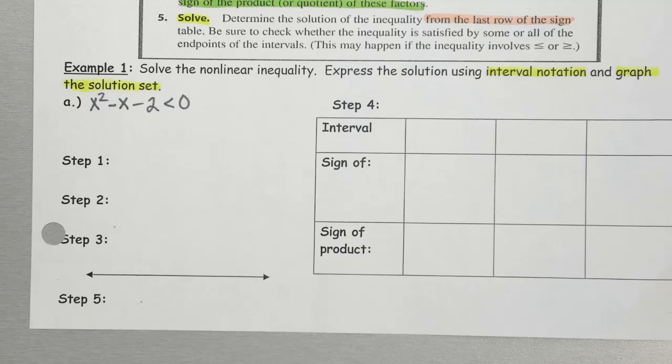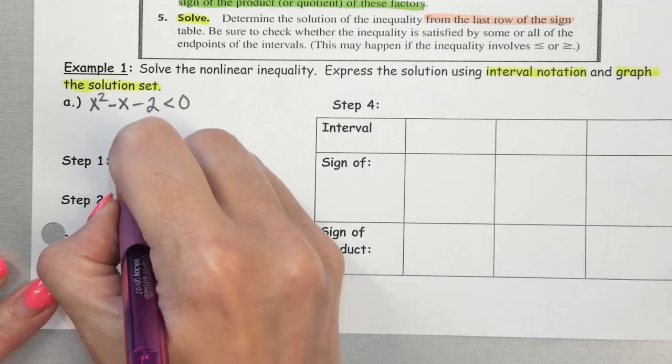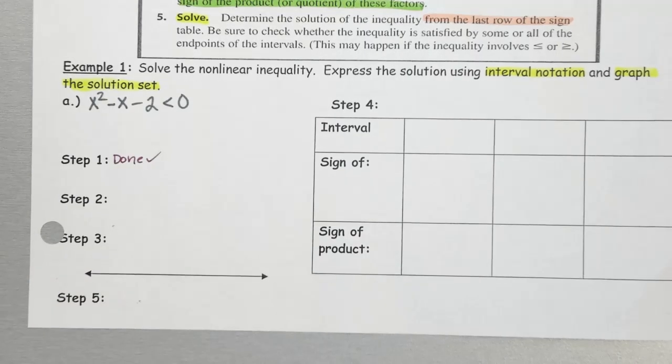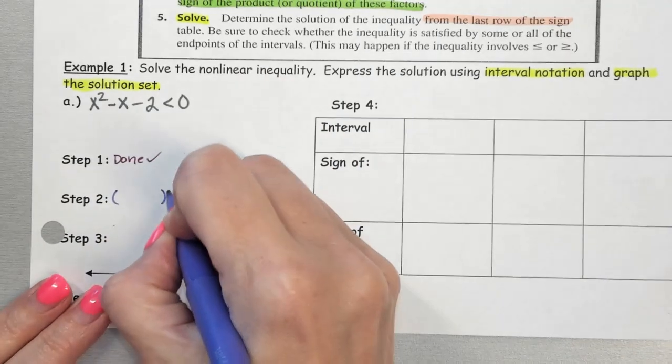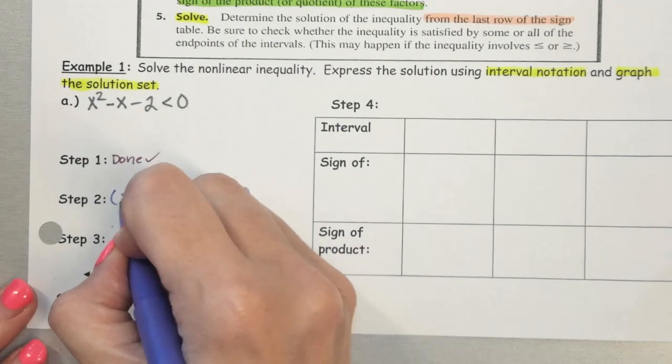So step 1 says move all terms to one side. Lucky for us, that is done. So we don't have to worry about it here. We can go to step 2, which is where we factor. So when you're factoring, remember, you want to multiply to x squared. So we're going to start with x and x.